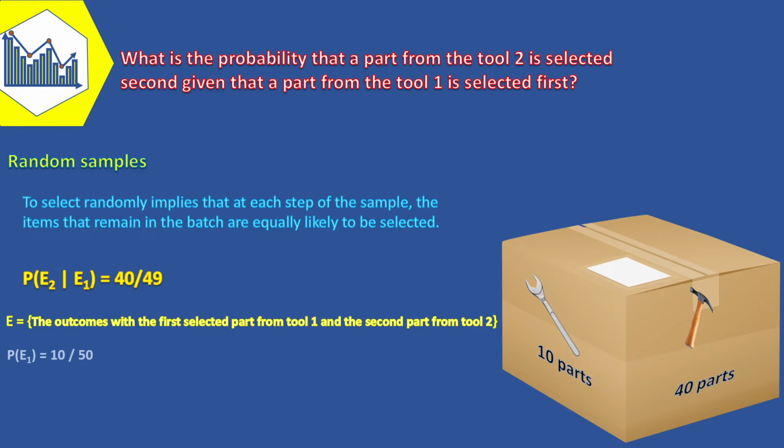The conditional probability that a part from tool number 2 is selected with the second pick, given that a part from tool 1 is selected first, is the probability of E2 given E1, that equals 40/49. Therefore, the probability of E equals 40/49 times 10/50, that equals 8/49. And finally, always remember this point. Sometimes a partition of the question into successive picks is an easier method to solve the problem.